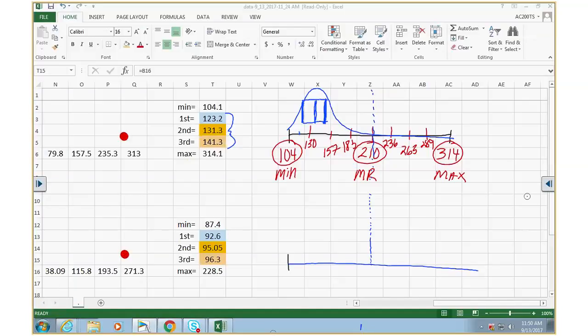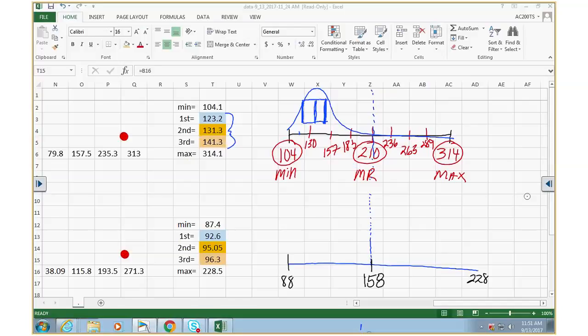Okay, so my lowest score is 87. I'm gonna put 88. And my max is 228. I'm gonna leave 228 for easy math. Somebody tell me what my mid-range is. 158. Good. That's enunciated in volume. All right, 88 to 158. What's that? 70? Somebody tell me that's 70.